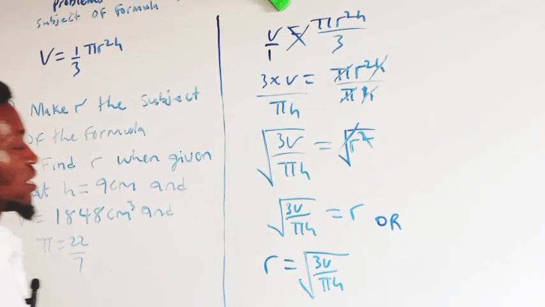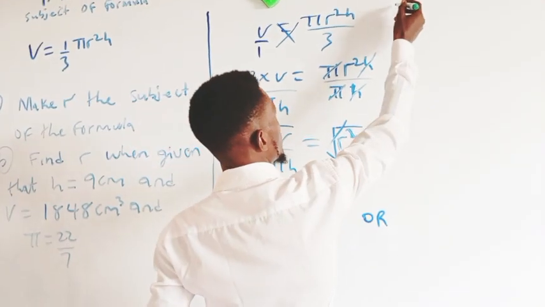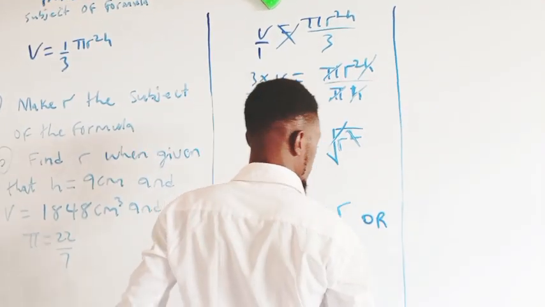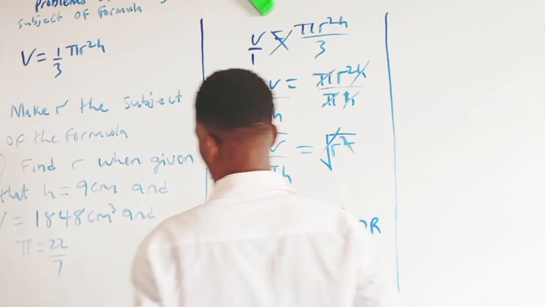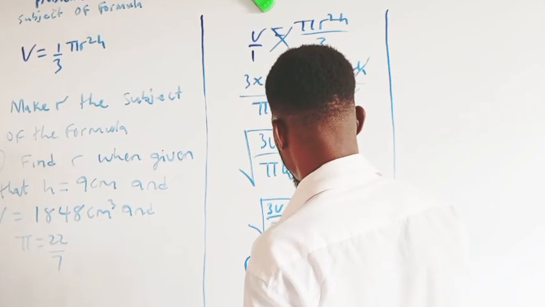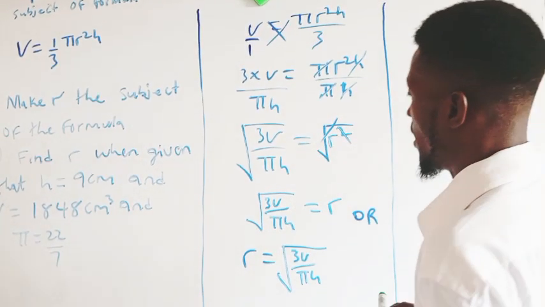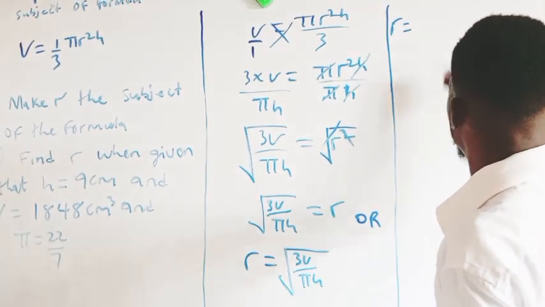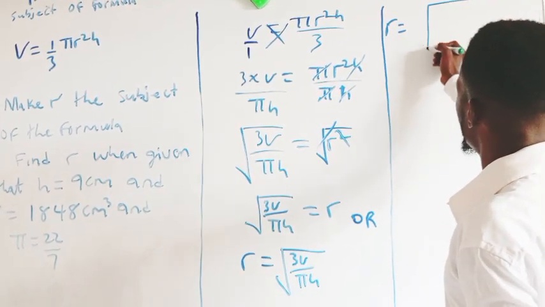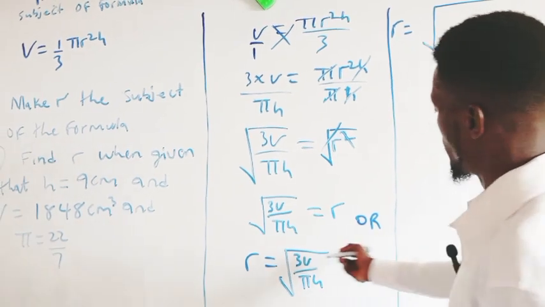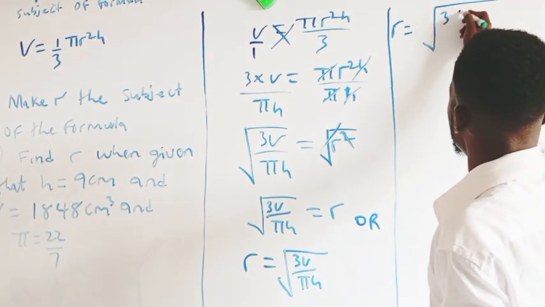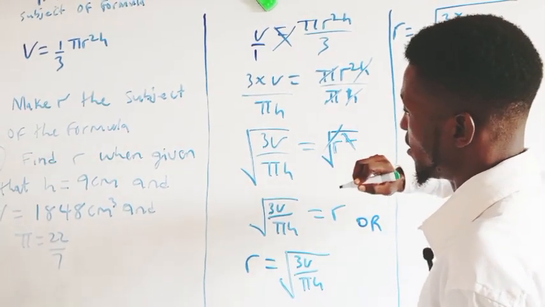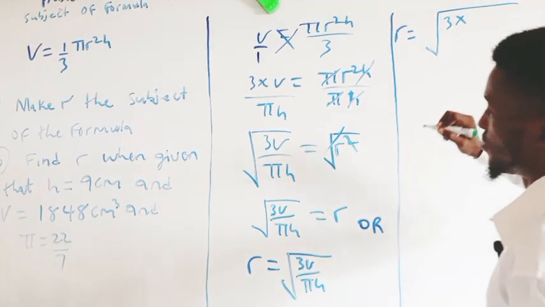First of all, let's write my solution as usual. Our r has already been made the subject of the formula, so I write the root of 3 times V. The value of V is 1848.